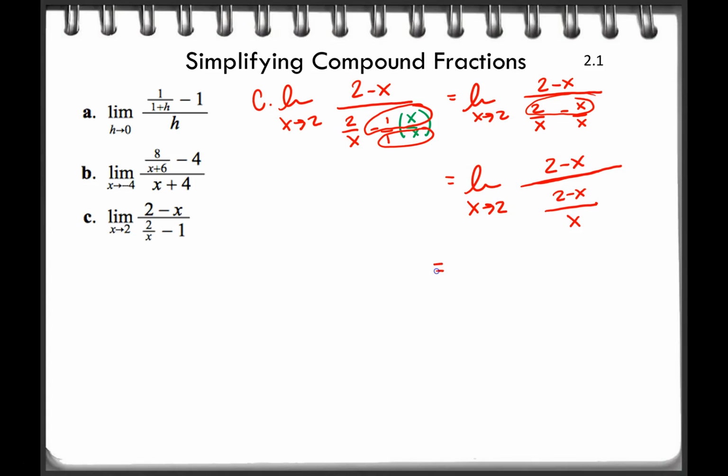So this is going to be equal to the limit as x approaches 2 of 2 minus x times x over 2 minus x, because I just took this and I made it the reciprocal. So then the 2 minus x's cancel, and I'm left with just x. Plug that 2 in, and you get equal to 2.